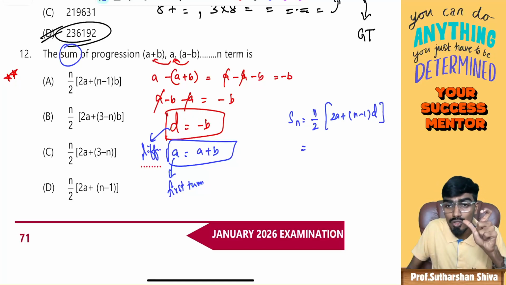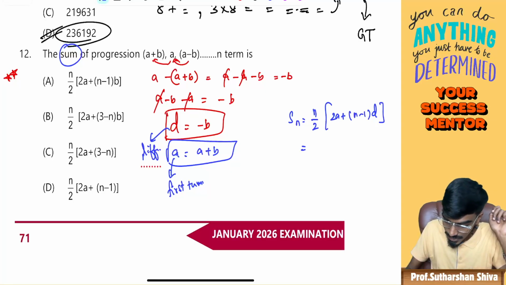I will be having one more shortcut also. I will be teaching you that as well. N by 2, I will keep n by 2 the same. 2 into a, a is nothing but a plus b. Plus n minus 1, d is nothing but minus b.